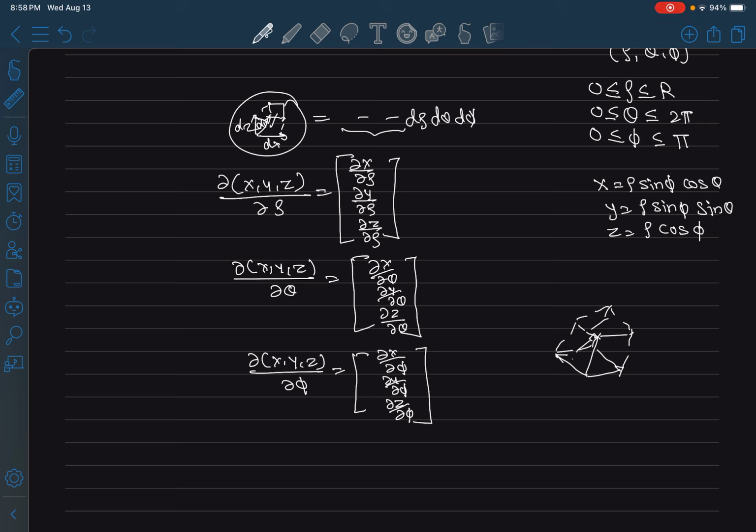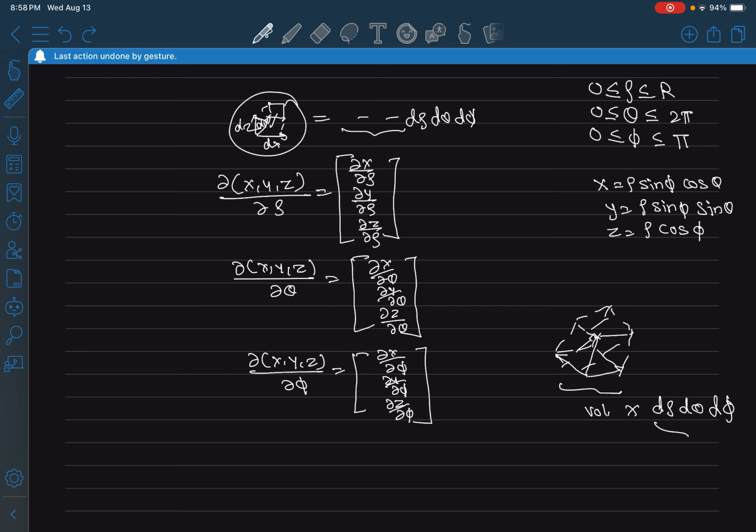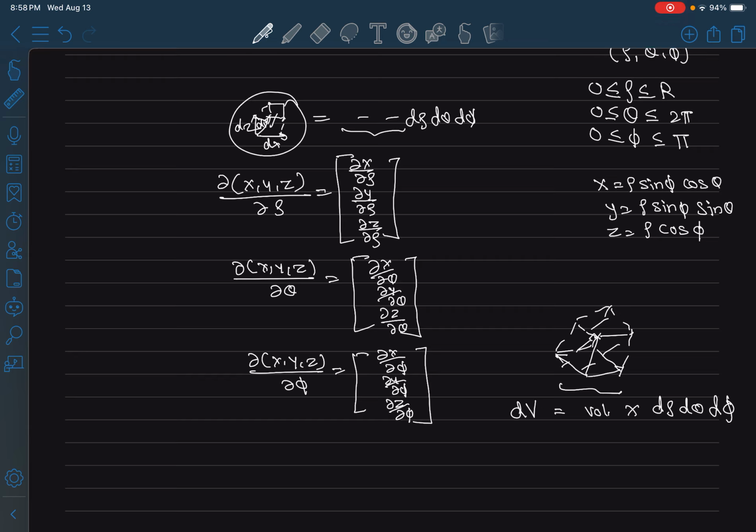So you just need to find this volume now, and after that you multiply this volume by d rho, d theta, d phi, because these are all rates of change. If you multiply by the actual change, then only you get the actual volume, the actual change in volume when there's a small change in rho, theta, phi. So that's what you will be trying to do.